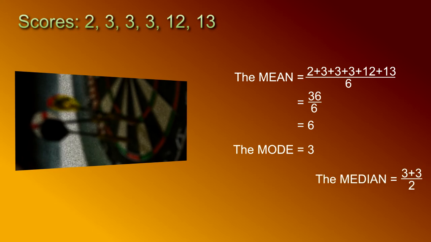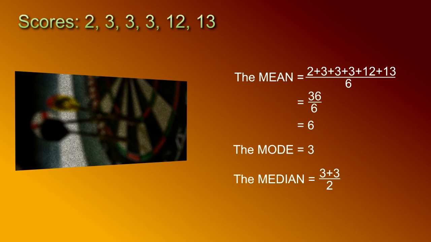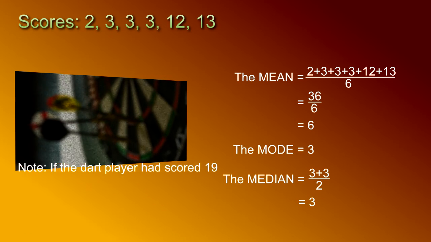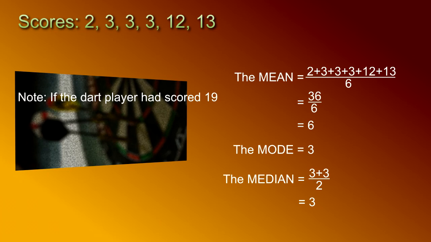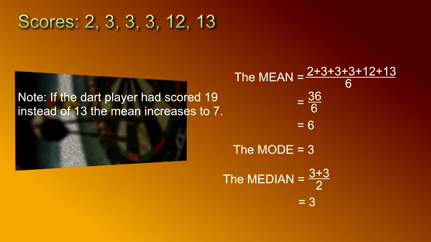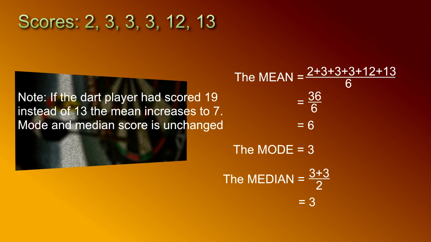The median, since we have an even number of observations, is 3 plus 3, the middle two observations, divided by 2, which equals 3. Notice if the dart player had scored, say, 19 instead of 13, the mean increases to 7, but the mode and the median score are unchanged.